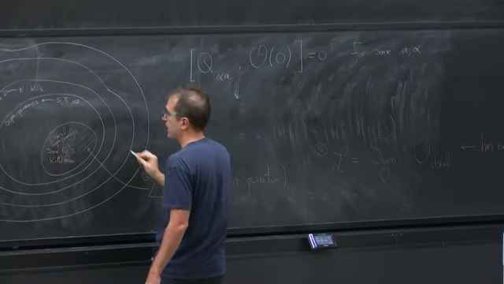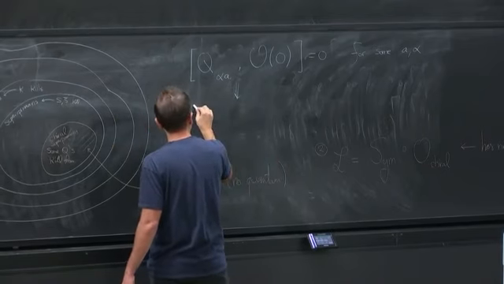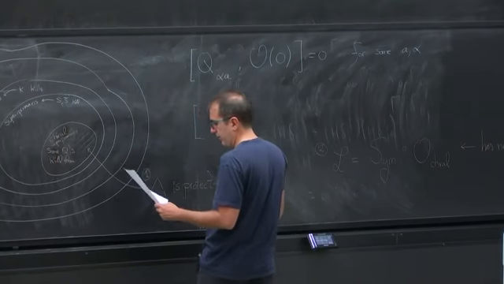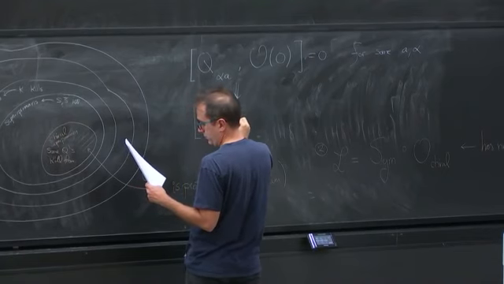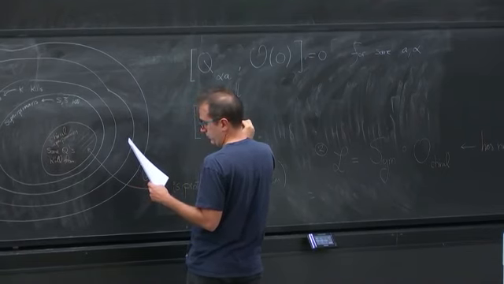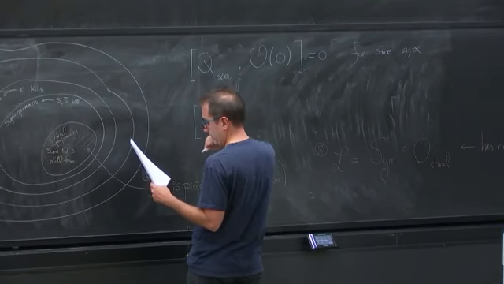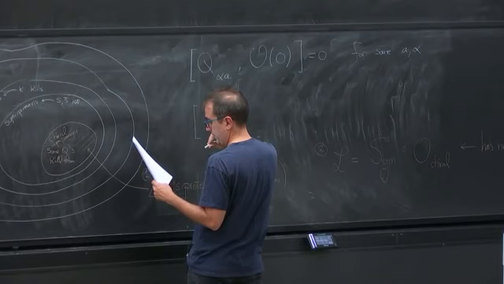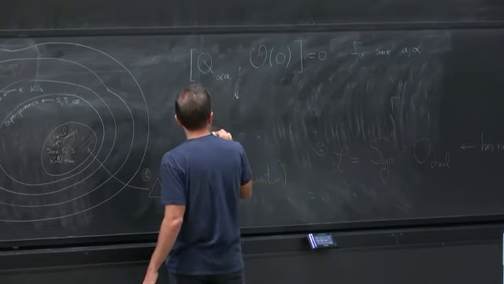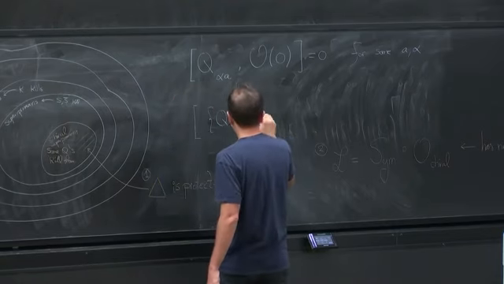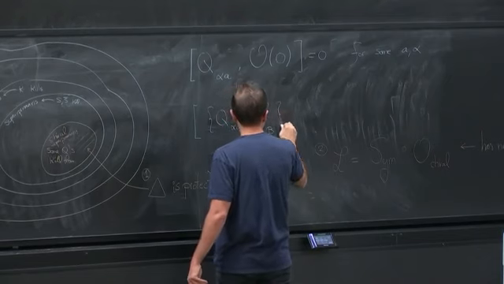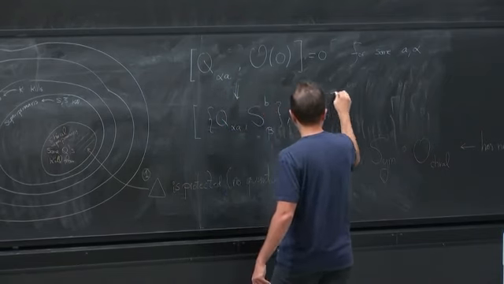So this implies, because we are in this group of superprimaries, that the action of Q alpha A with S B beta on O of 0 is equal to 0.